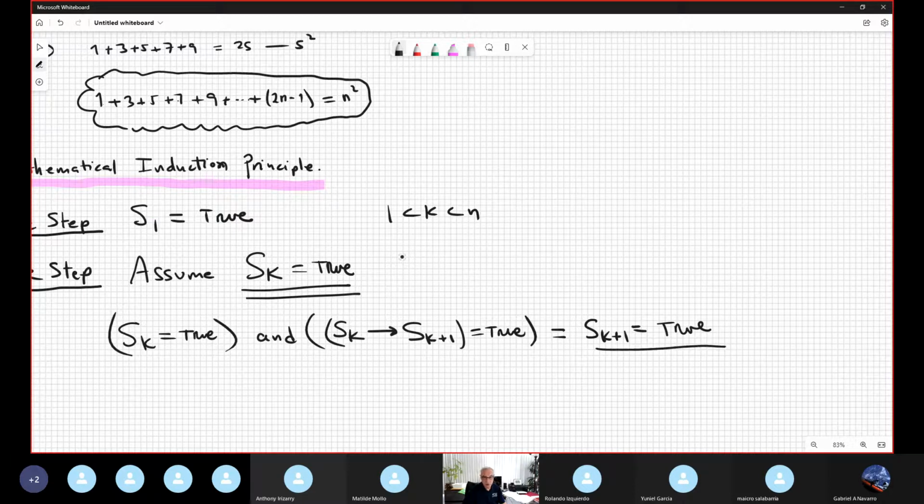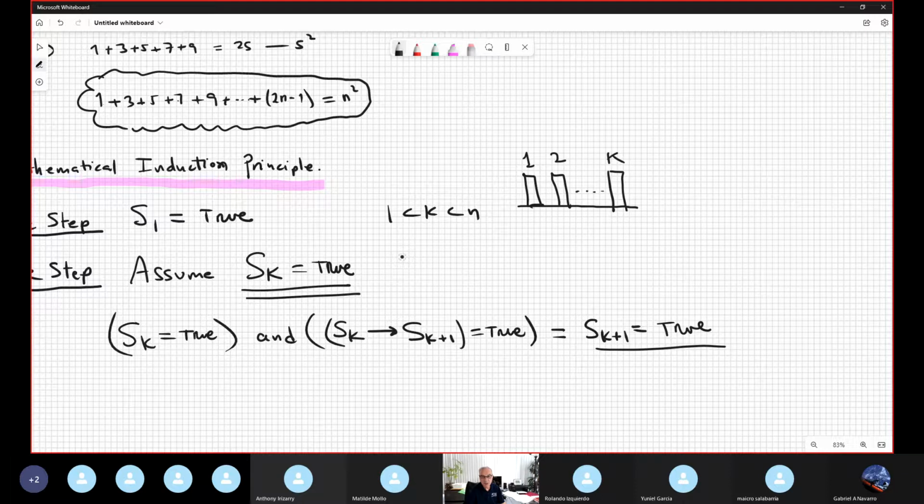So one visual interpretation of this is, suppose this is a piece of domino. This is piece 1, this is piece 2, bam, bam, bam, bam. So I assume one piece k.